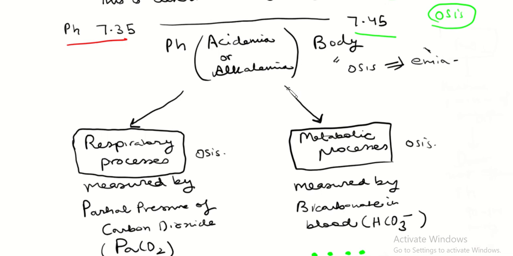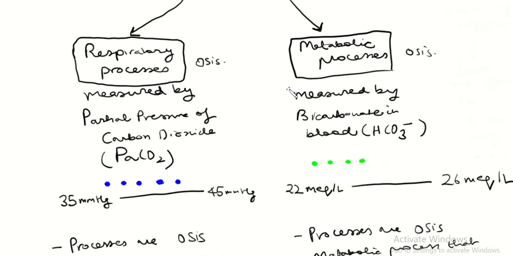Okay, perfect. How do I measure the respiratory side of things here? I measure using partial pressure of carbon dioxide, which is represented as PaCO2. I'm going to try to represent it with blue dots. The normal levels are 35 to 45 millimeters of mercury.